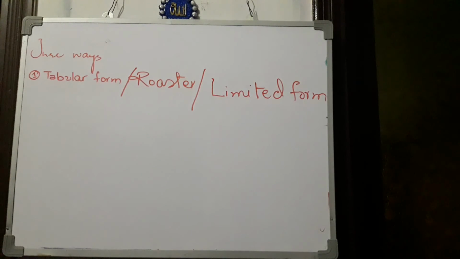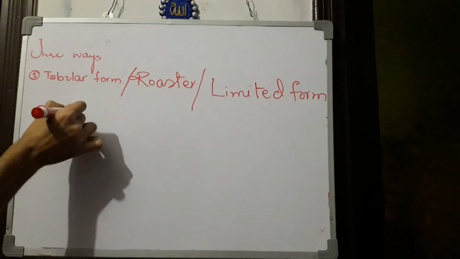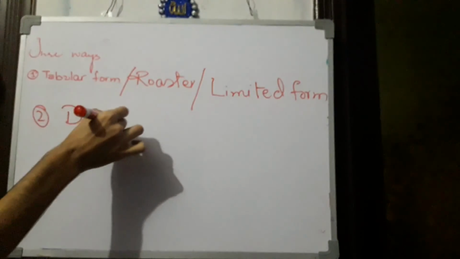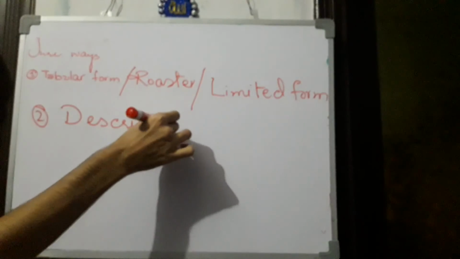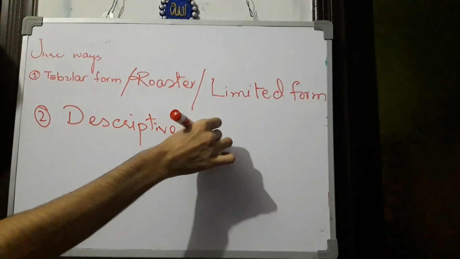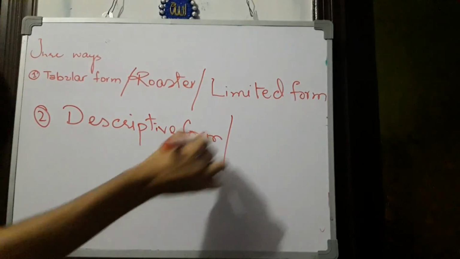The second way to write a set is descriptive form, or we call it statement form.